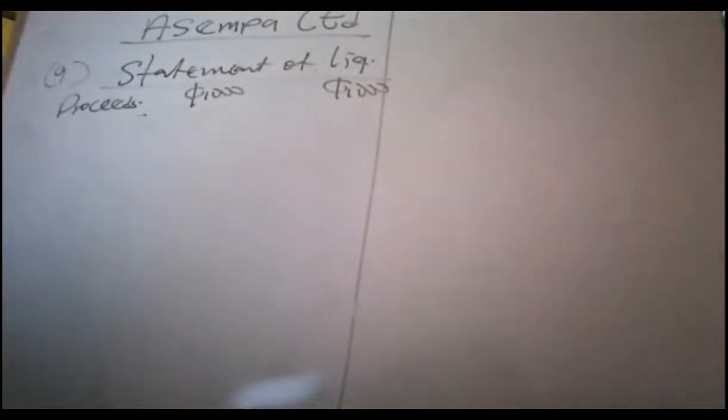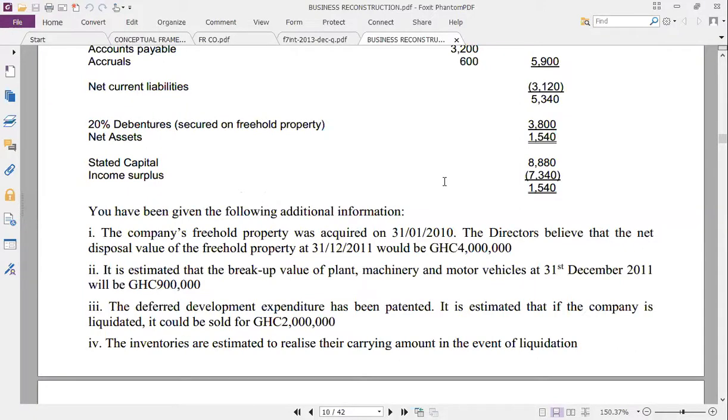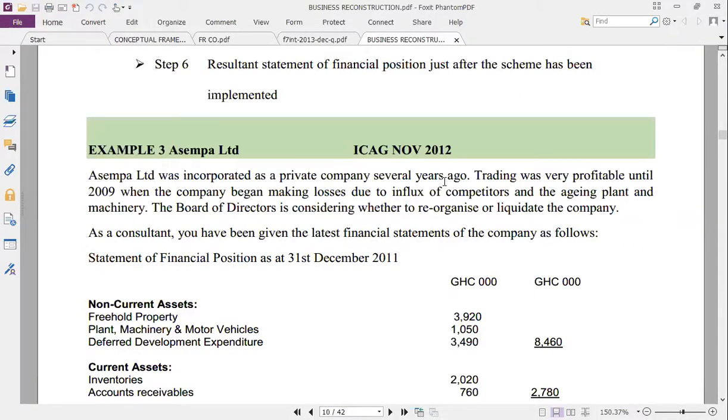Proceeds. So you say here, copy all the assets, one side, just the name, then you are done. But for teaching purposes, I think I'll read everything. Asempa Limited was incorporated as a private company several years ago.